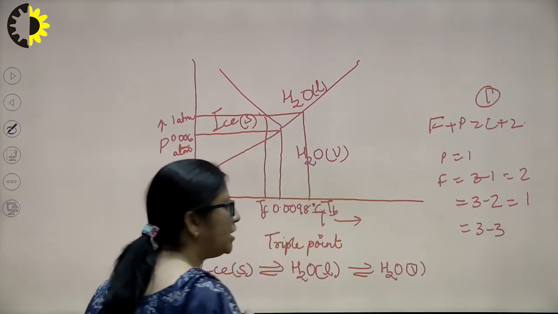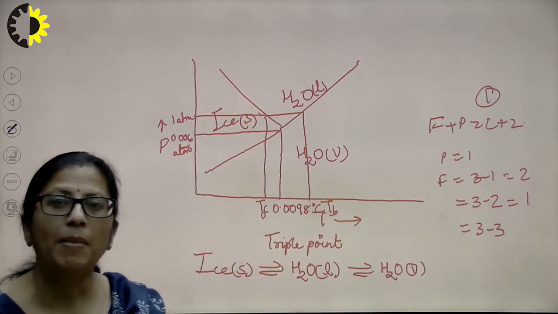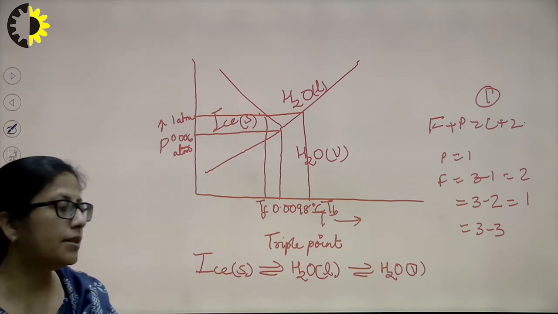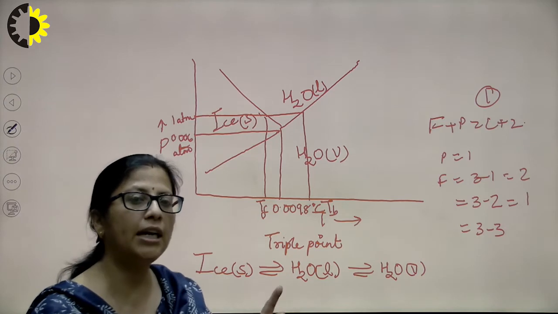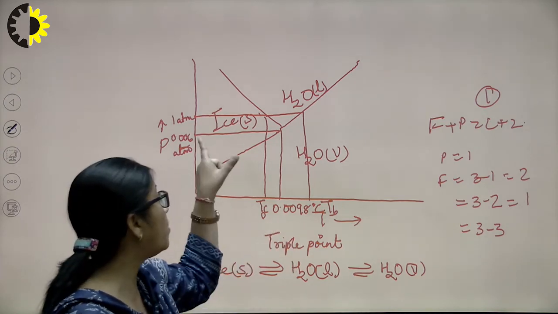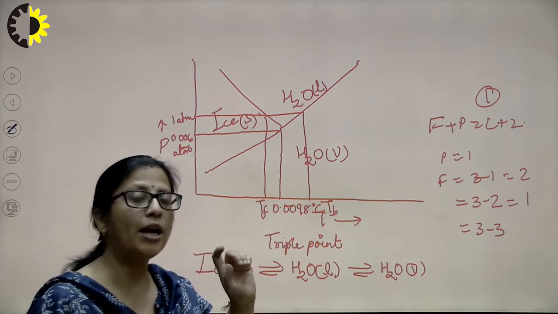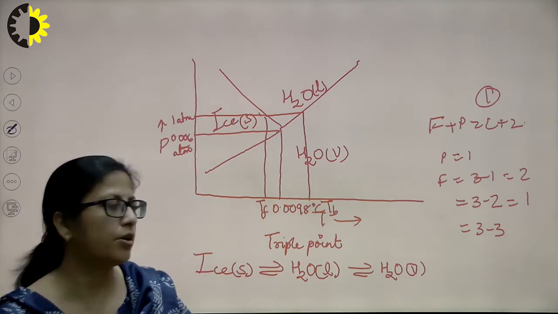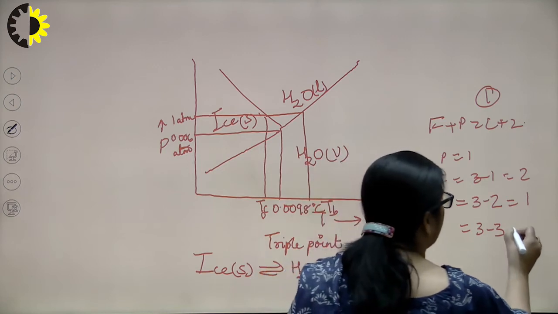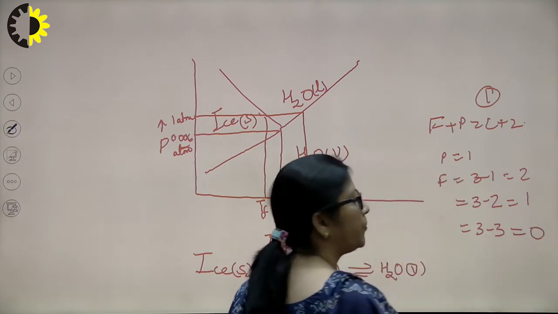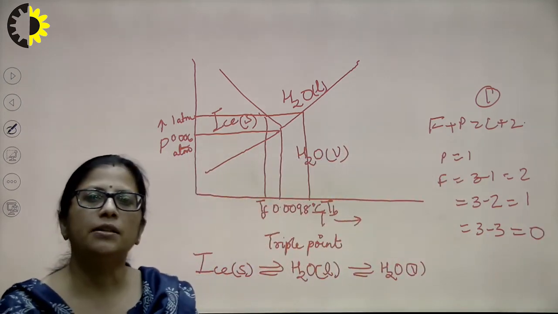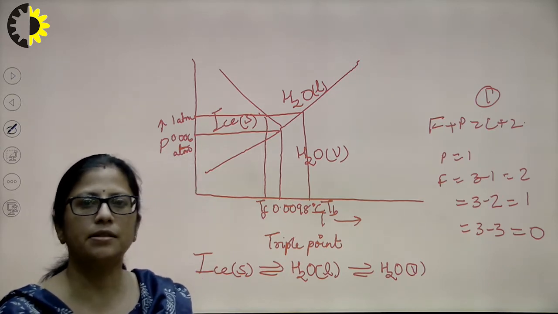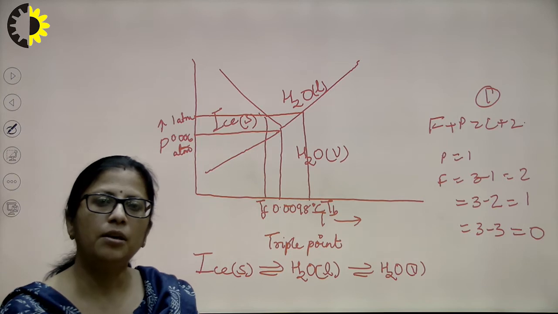And to see all these three phases together, my temperature and pressure ought to be fixed, because this equilibrium exists only at one value of temperature and one value of pressure. So, I do not have the freedom to vary either the temperature or the pressure. Here the degree of freedom comes out to be 0. So, at the triple point there is 0 degree of freedom, or my system is non-variant at the triple point.